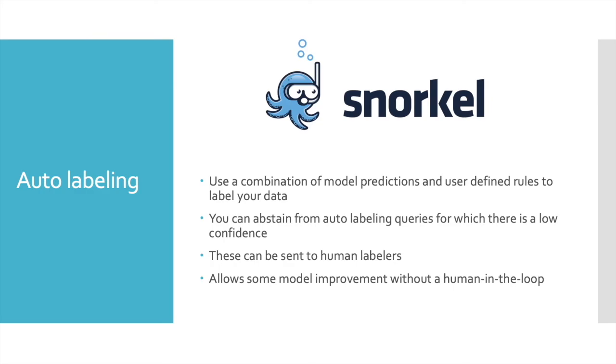So it can abstain from automatically labeling queries which this model has less confidence about. And that way, those queries can be sent to human labelers to annotate, or you can just ignore them. But either way, it allows for some model improvement without a human in the loop, which can be beneficial for security reasons or just for time and resource constraints.